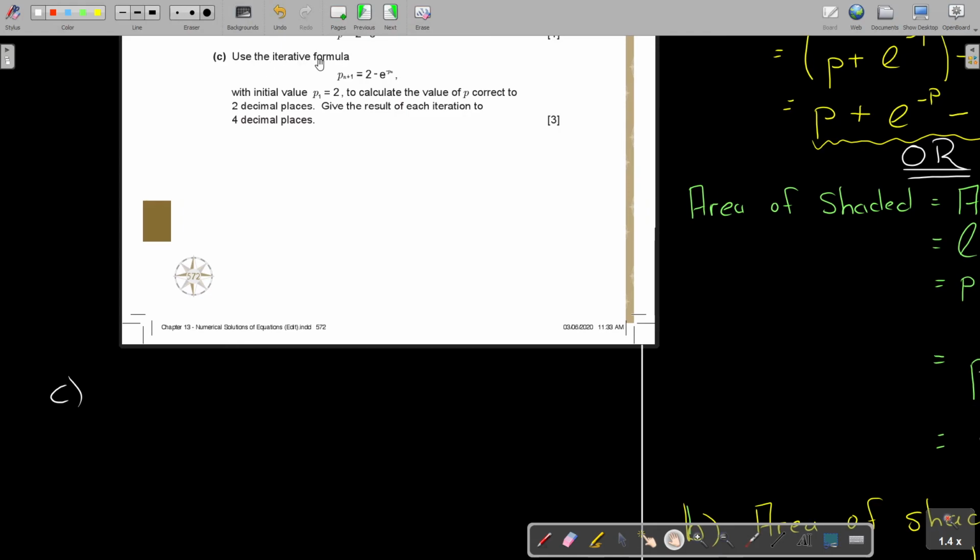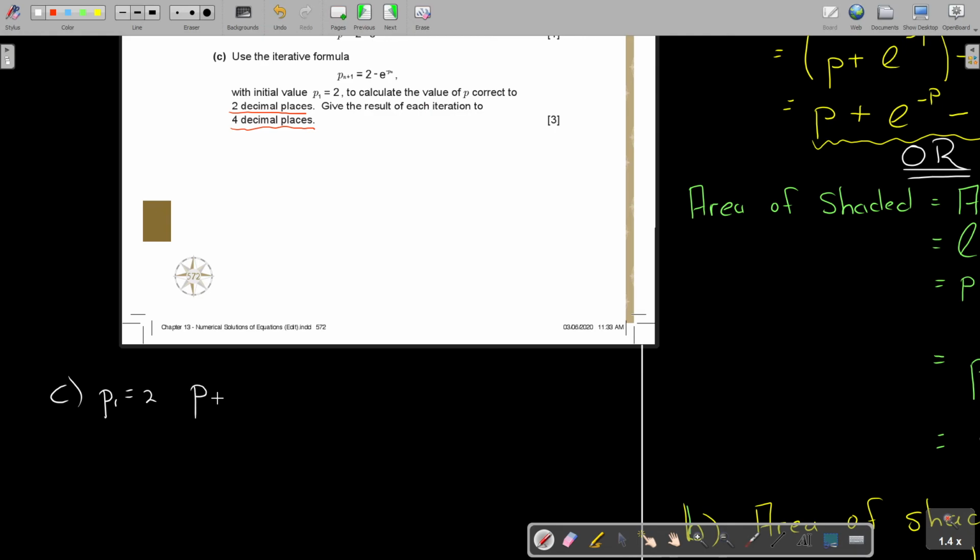Use the iterator formula. That's the formula I got, with initial value P1 is 2. That's very nice, they tell me P1 is 2. To calculate the values of P, correct to 2 decimal places, that's the final, but give the results of each iteration to 4 decimal places. Okay, so we're just going to write that formula down.